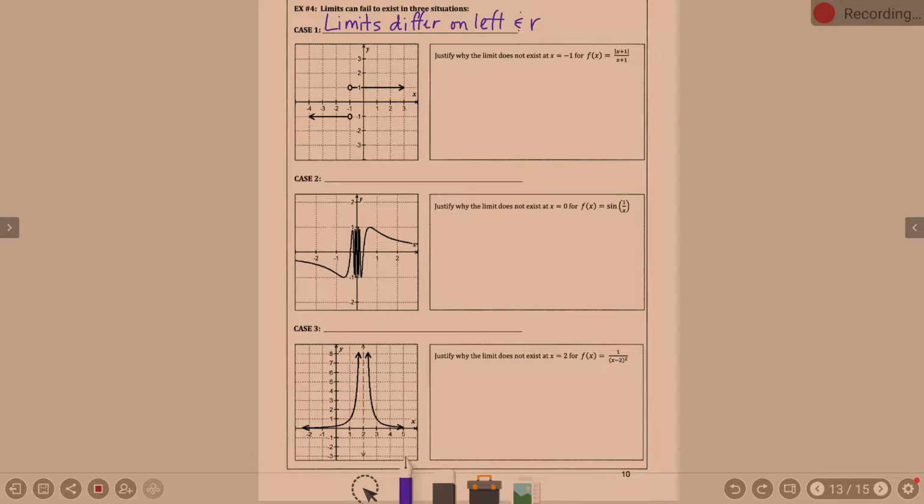As we look at an example, justify why the limit does not exist at x equals -1 for f of x equals the absolute value of x plus 1 over x plus 1.